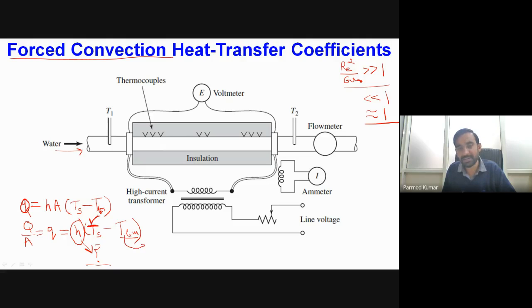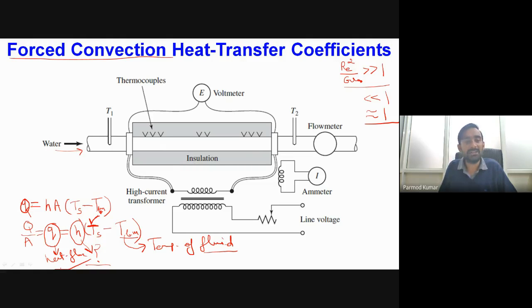For determining the bulk mean temperature, I have to measure the temperature of the fluid at different locations along the length of the pipe. And the very important third parameter we have to measure is the amount of heat flux which we have supplied.